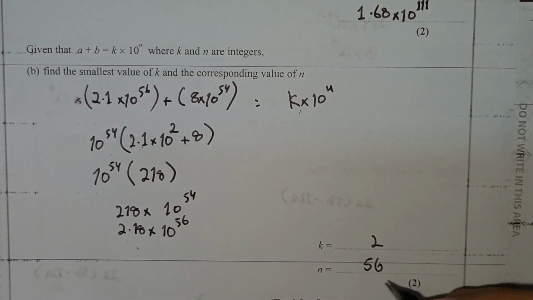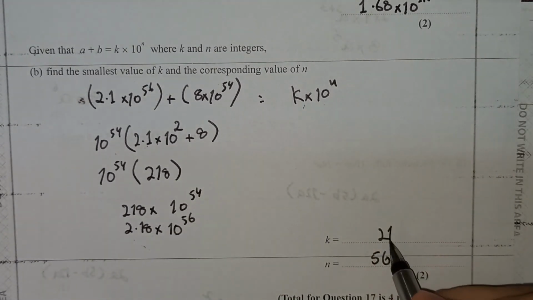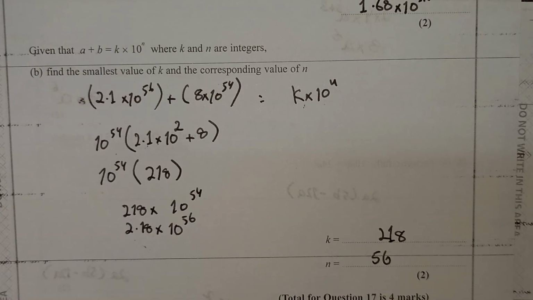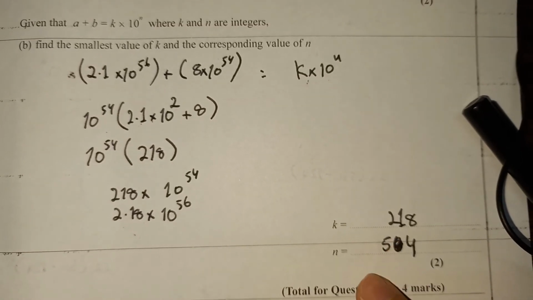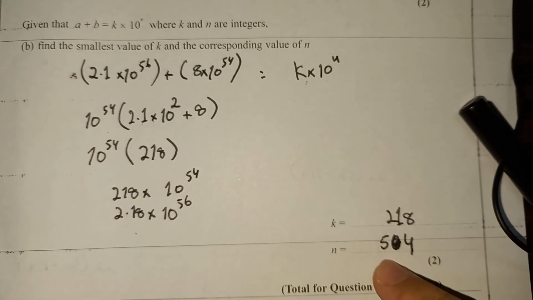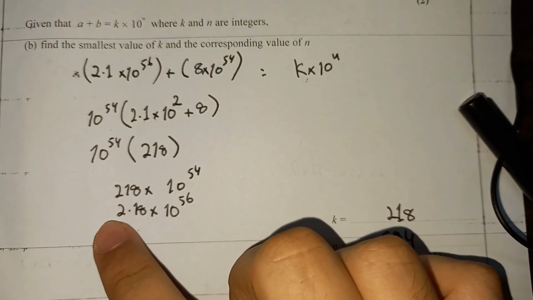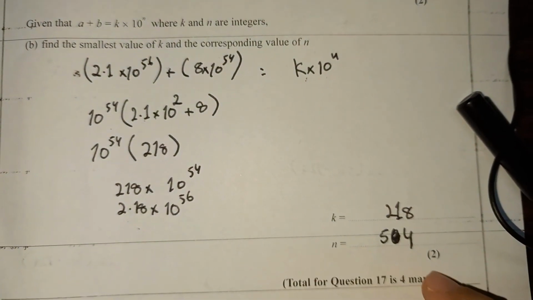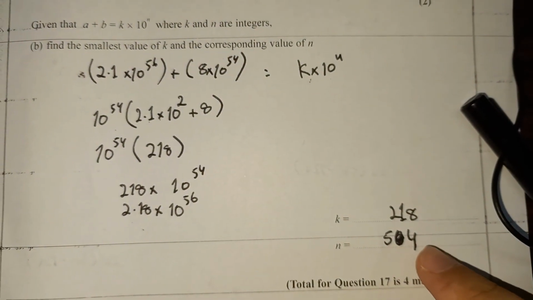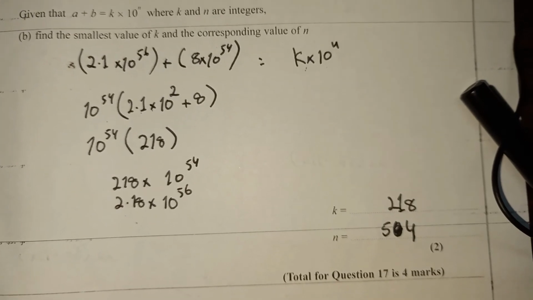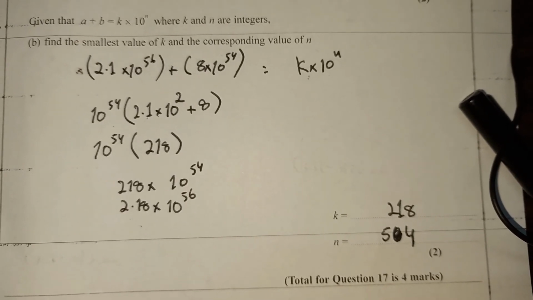So the least number in integer for k, you can simply write 218, and for n we will just subtract 2 from it, because we moved the decimal 2 places forward. This will remain 10 to the power 54, so we will write n as 54. So we will move on to the next question now.